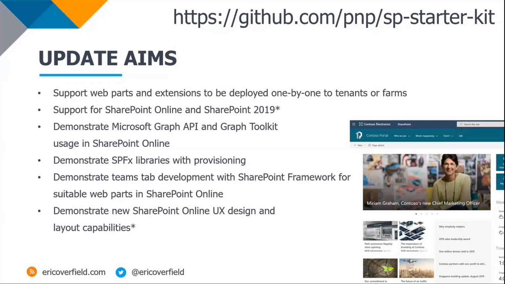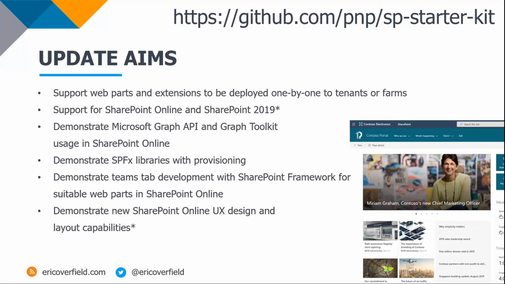We wanted to be able to offer some sort of support for SharePoint 2019 as well as SharePoint Online. The star there on the 2019 is that the provisioning template aspect for 2019 is not yet ready, but the web parts that are available for 2019 could be used today, which is helpful. We also wanted to provide more demonstration around some of the new tools that have been coming out, such as integrating with the Graph API and using the Graph Toolkit directly in SharePoint Online.